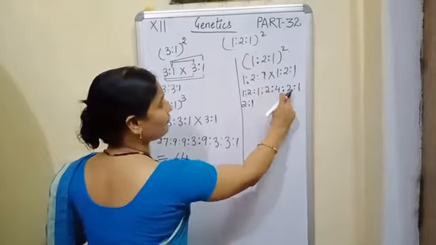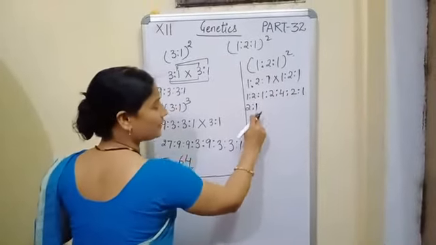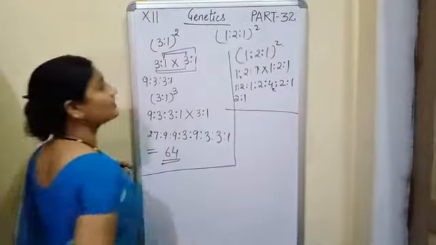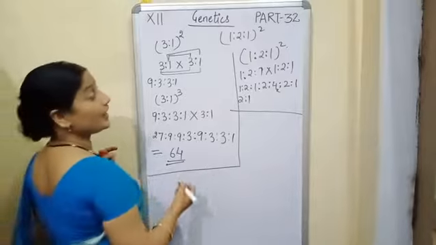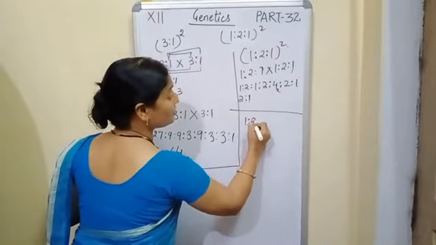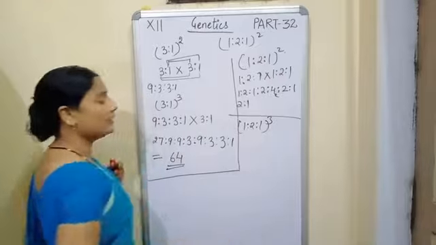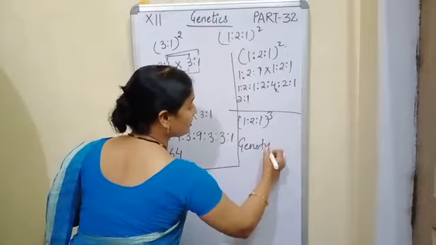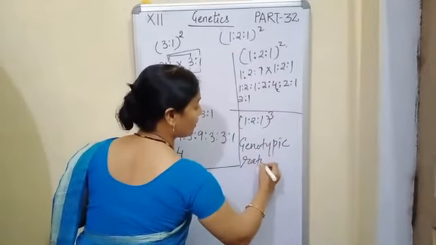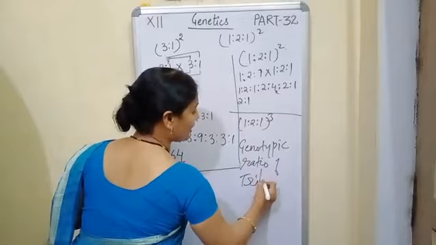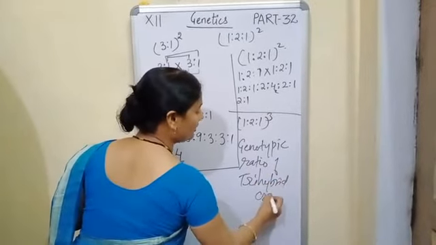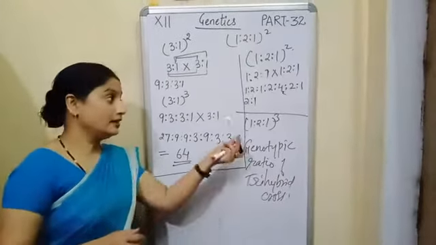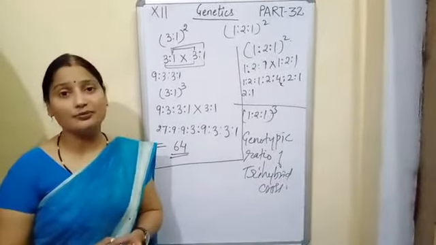See, 1, 2, 3, 4 times 2, 1, 2, 3, 4 times 1 and 1 time 4. So, this is a valid formula. Now for the trihybrid, what to do? 1 is to 2 is to 1 with power 3. And by this way, you can find out the genotypic ratio of trihybrid cross. Clear?